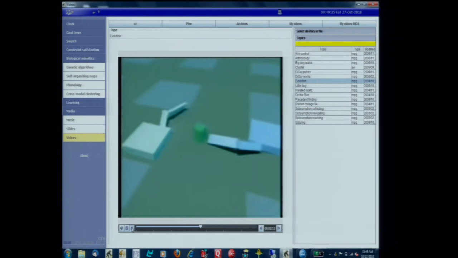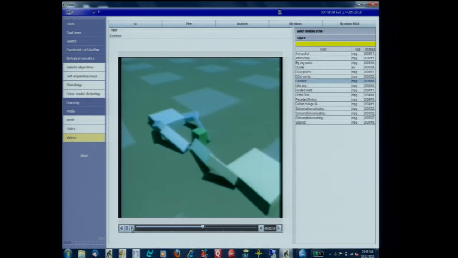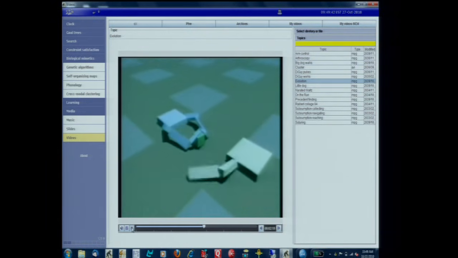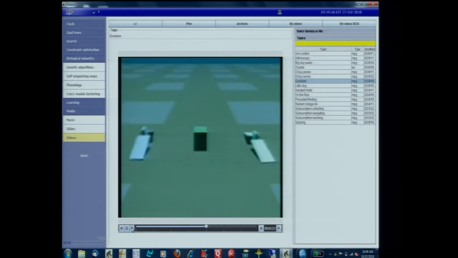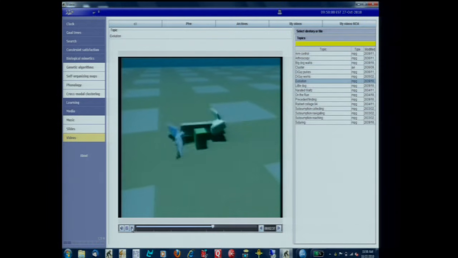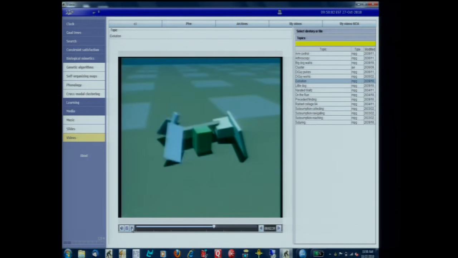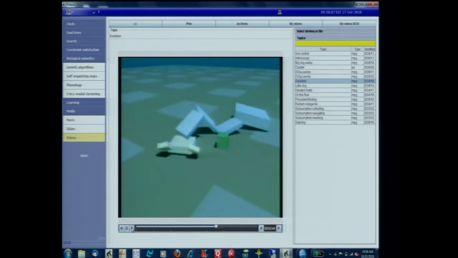But now we're on to the food competition. So some of them go for the food, and some of them go to excluding their opponent from the food, not actually caring too much about whether they get it. That's sort of what children do.